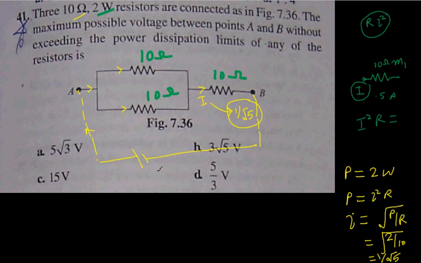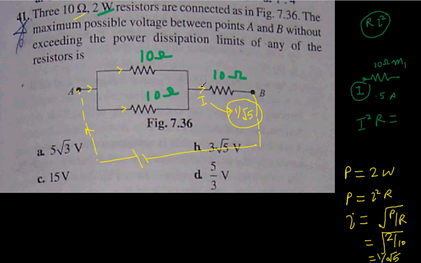Okay, now we need to find out how much potential we can put across this so that the resistor does not get burned out. We know the maximum current, so we can find the total resistance.